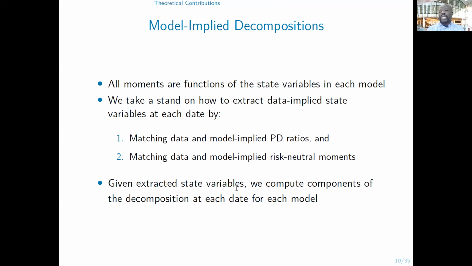What we did is that we first transformed the data to have the same PD ratio mean as the model and the same risk neutral moment mean as in the model, and then we try to match the PD ratio in the data and the PD ratio in the model. Second, we also simultaneously match the risk premium in the data and the risk premium in the model.